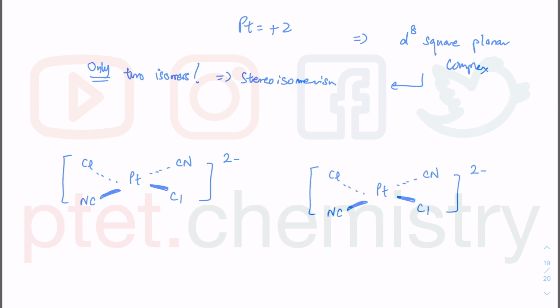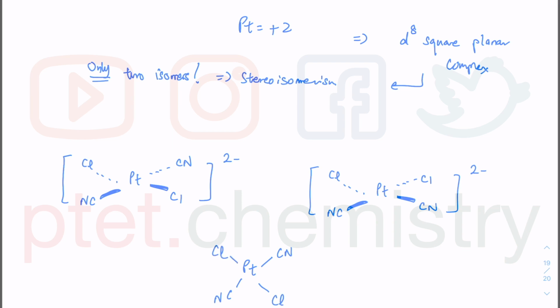But this time I will just swap the Cl and the CN so that the Cl and the Cl and the CN and the CN are 90 degrees apart. This might look bigger than this, but in reality, this is a square planar complex. You would have been right if you had drawn these because they are exactly the same.